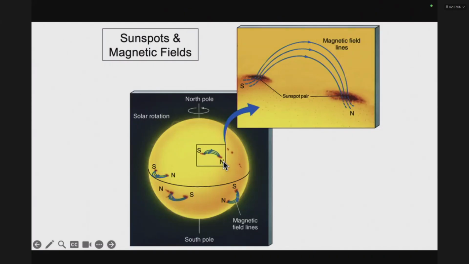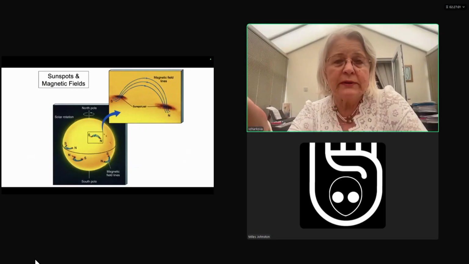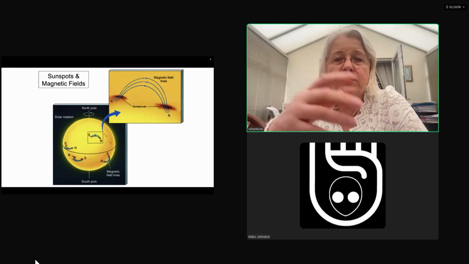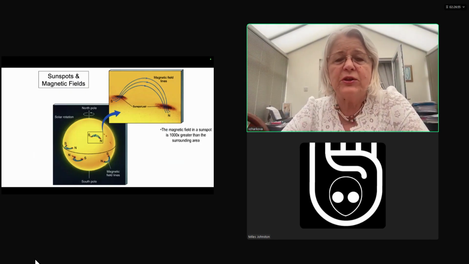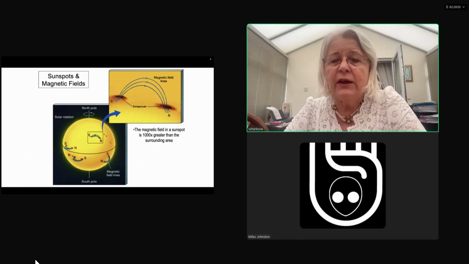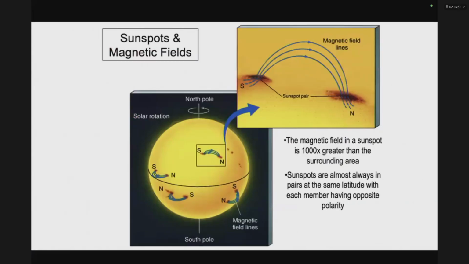Basically, the sunspots are the roots of these loops, like in a tree. The tree is above, but we see only the roots because the temperature is lower and they become darker. The magnetic field in a sunspot is 1,000 times greater than the surrounding area. They always come in pairs because they are part of the same loop with opposite polarity.